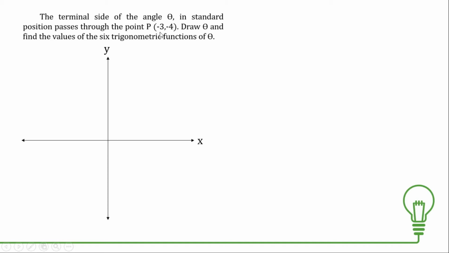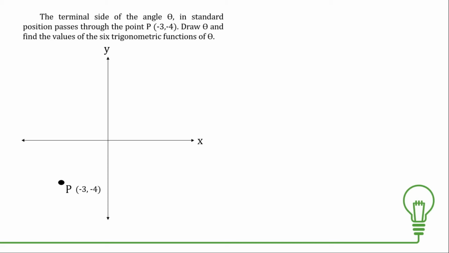In which of the four quadrants of the Cartesian coordinate system does point P lie? Since both the abscissa and the ordinate are negative, point P is located in the third quadrant, 3 units to the left of the y-axis and 4 units below the x-axis.